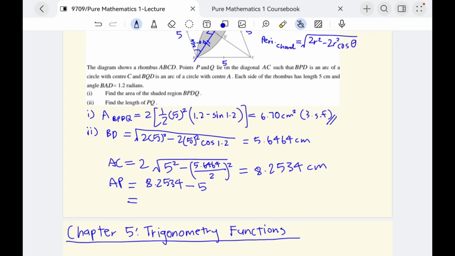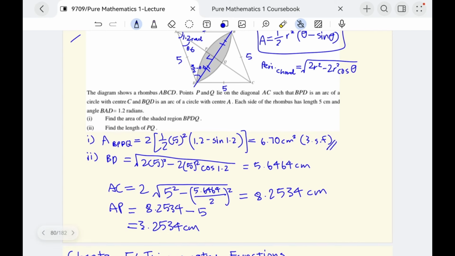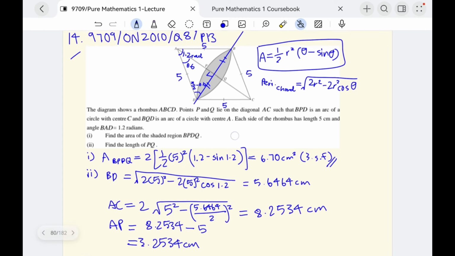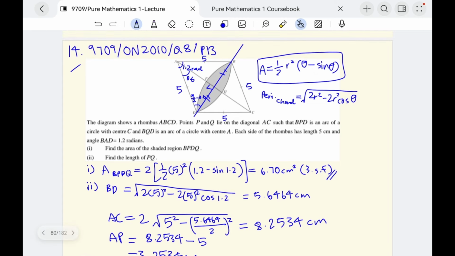Okay. So by right you should have 3.2534 cm. Okay. Next step, I would like to find the chord of the PD.